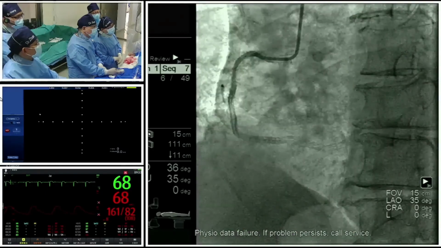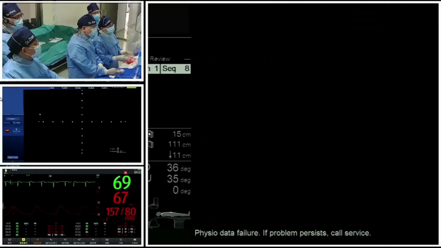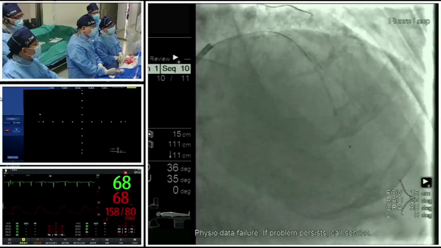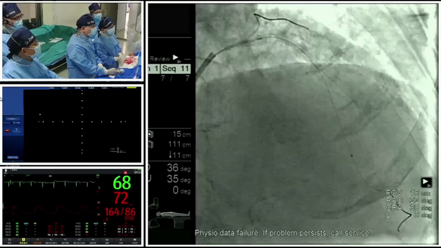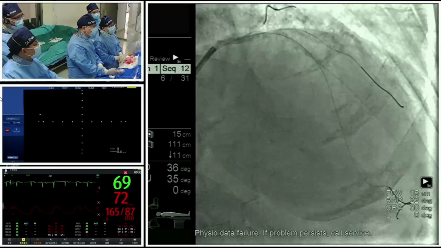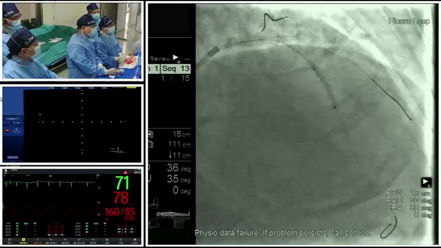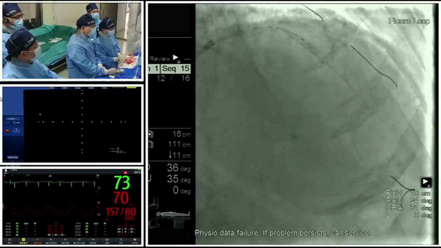Now, after stenting, we will perform the kissing balloon inflation and the POT to get stent optimization and to protect the side branch.